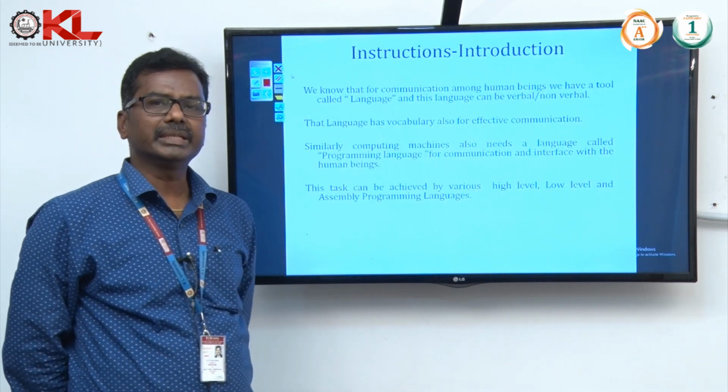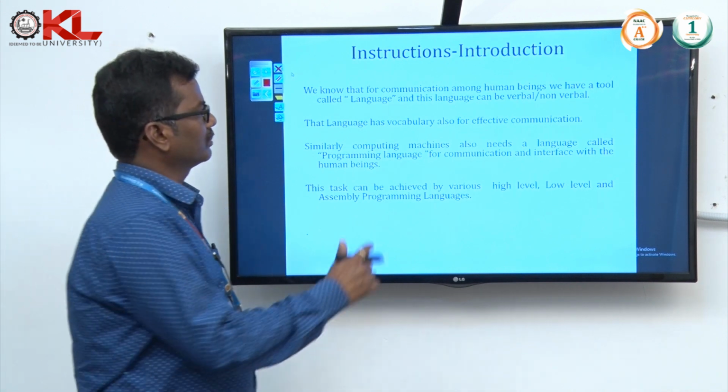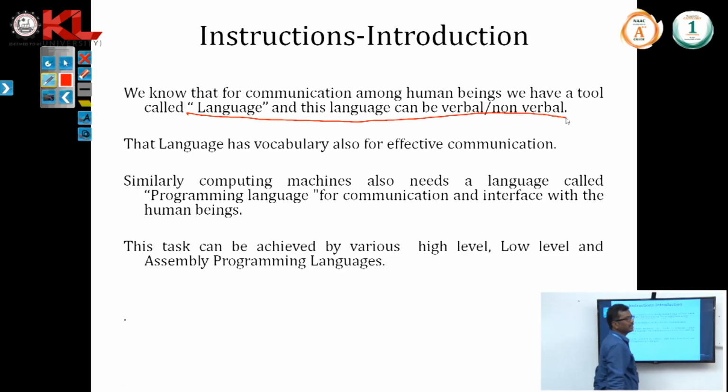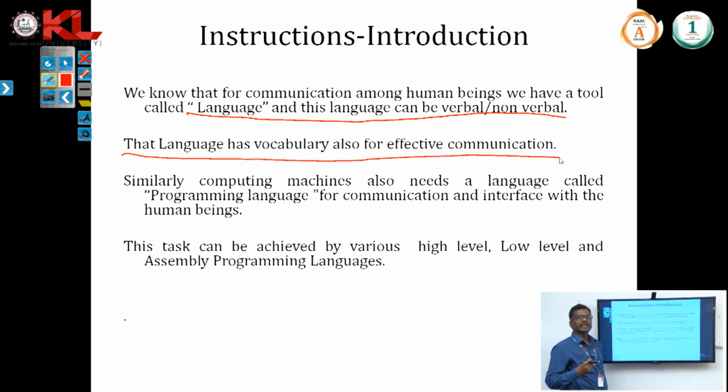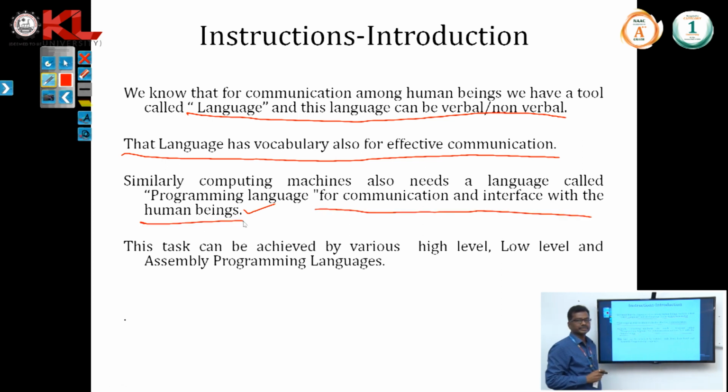Normally, human beings have a tool called language to communicate among themselves. That language can be verbal or non-verbal, but it also has a vocabulary for effective communication. Similarly, just like human beings communicate with each other, computing machines also need a language called a programming language for communication and interface with human beings.